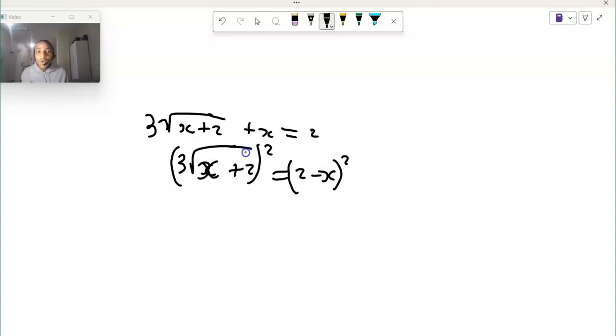So here we will be left with 3 to the power 2 into x plus 2. Since here we were getting rid of the square root, that x plus 2 is no longer in the square root now, right? So on this side we'll be left with something like this.